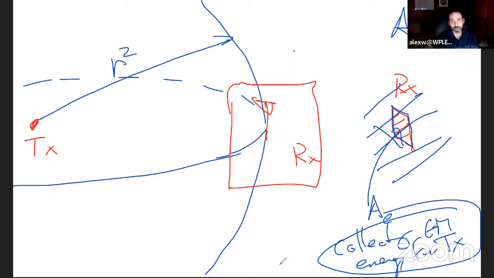And so path loss represents the physics of energy decreasing as a function of distance from the source, due to, first of all, conservation of energy, but secondly, very importantly, this sort of magical sphere that the energy is distributed over, and your antenna is only picking up a small portion of that energy.